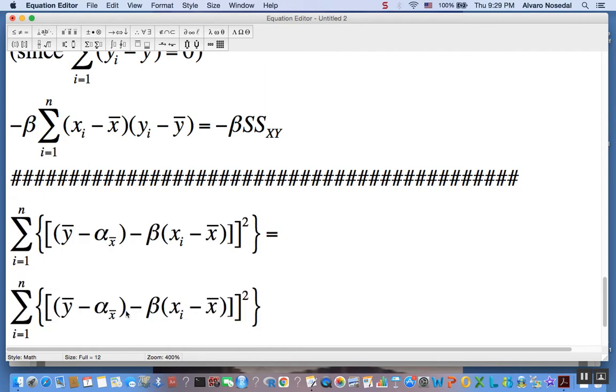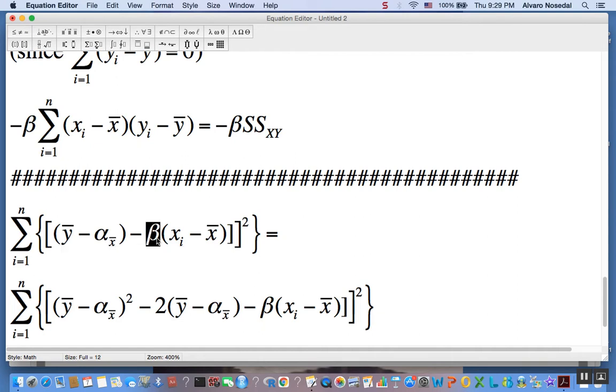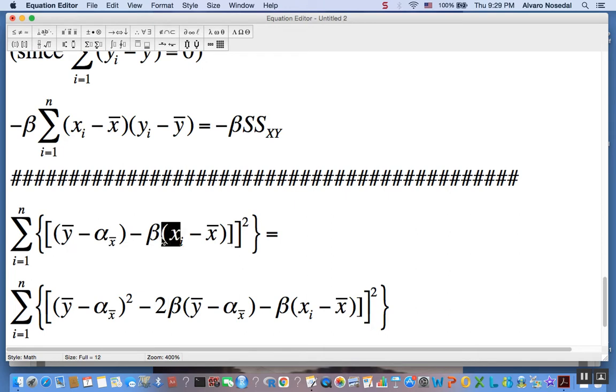So it's going to be the square of this guy, minus, right? We're going to have minus 2 times the cross product between y bar minus alpha x bar and this guy. So we're going to have a beta times xi minus x bar.